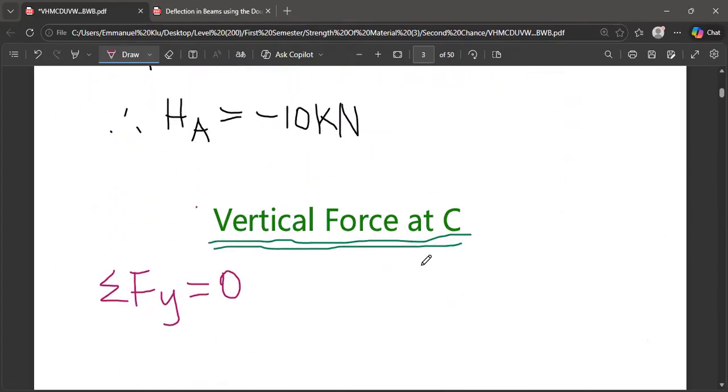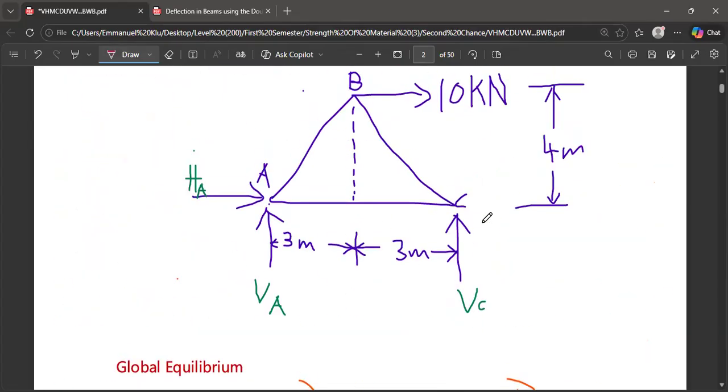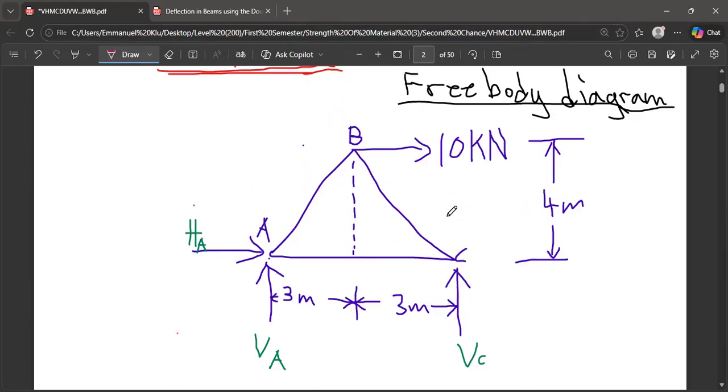That implies that, because look at the problem we're having over here, and the moment we are going to be taking now implies that we have to multiply.